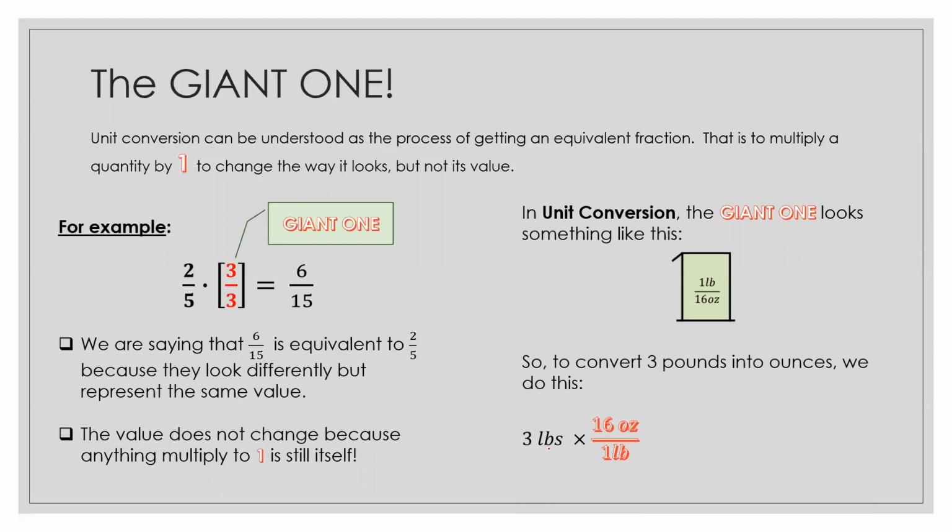So then pounds divided out with pound, and you get ounces as your leftover unit. So that is going to equal 3 times 16 when you multiply fractions straight across, and that should give you 48 ounces.